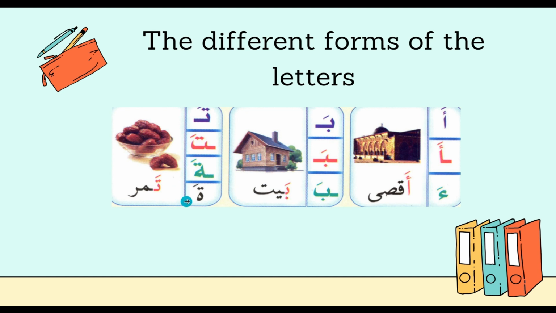The second thing, ta marbuta can come connected like this, ready to be connected to what's before because it's the last letter of the word, and separated like there is nothing connected to it like this. Okay, so this is ta marbuta and this is the regular ta. Like the word tamr, tamr.